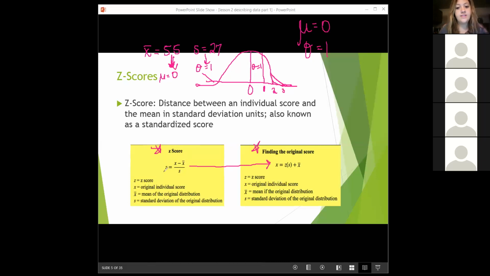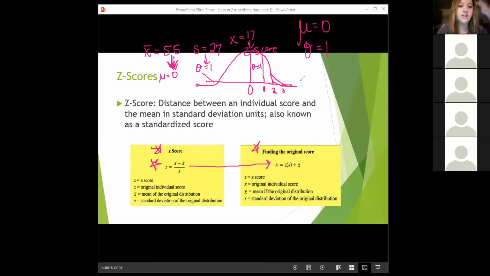But to find that Z-score, this equation here is doing what I showed you here: taking your original mean and turning it into 0, and your original standard deviation turning into 1. And then whatever value you had, let's say your value was 17, it's turning that into your Z-score. Sorry, I didn't mean to run those together. So that's what your value is going to be. Yeah, that's just an example.